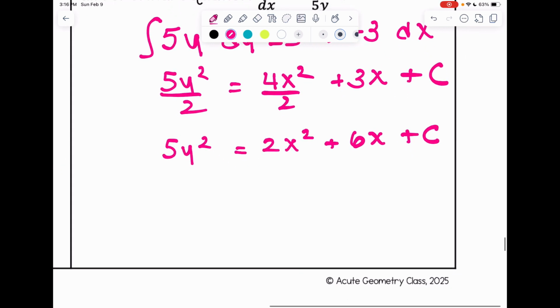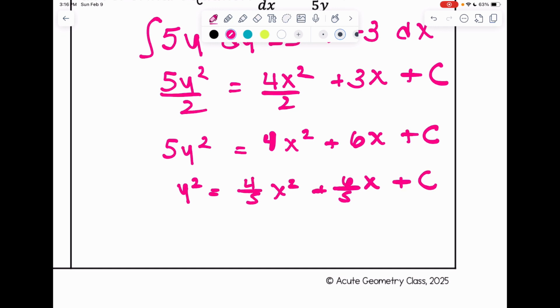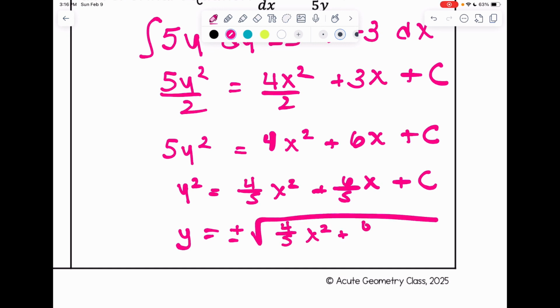Then I'm going to divide everything by 5. Sorry, let's put a 4 back in here. And then we're going to take the square root of both sides, which will give us y equals plus or minus the square root of 4 over 5 x squared plus 6 over 5 x plus c.